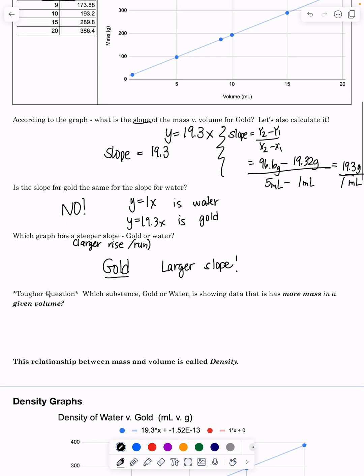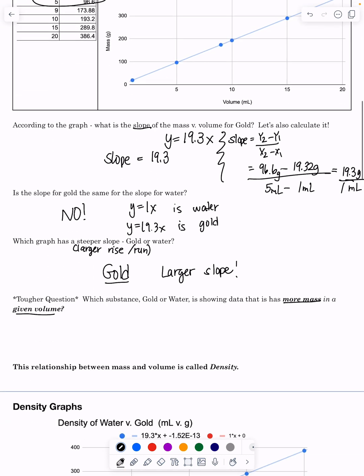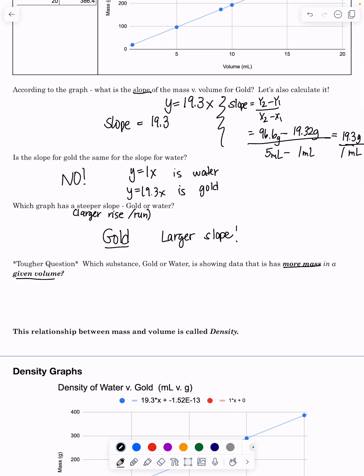Tougher question. Which substance, gold or water, is showing data that has more mass in a given volume? Well, we've already established that the way we read the slope, it's a mass per unit of volume. So gold is 19.3 grams for every 1 milliliter. Don't forget that grams is mass, milliliters is volume. Water is only 1 gram per 1 milliliter.